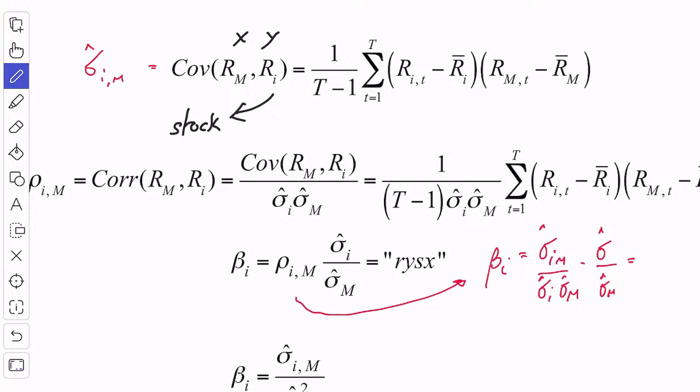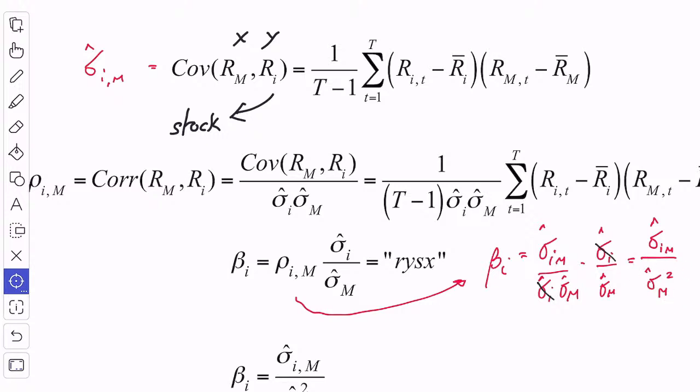And what does this show? This shows that the slope is the unit of covariance for every unit of variance of the market.